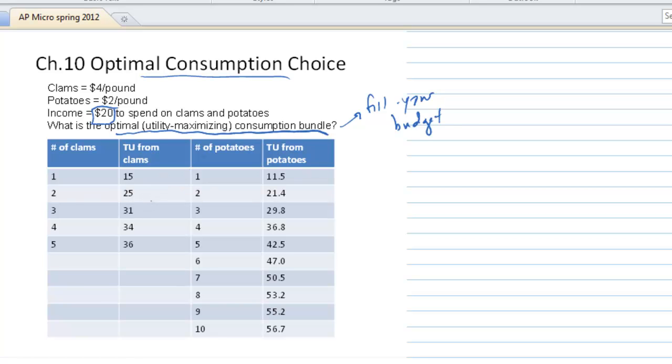Here, back to clams again. Clams and potatoes. What's the mix of clams and potatoes that this consumer should buy, given that clams cost $4 a pound, potatoes cost $2 a pound, and here it gives us the utility that this person gets from clams and the utility that they get from potatoes.